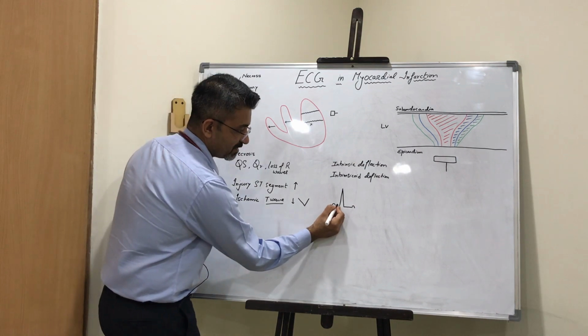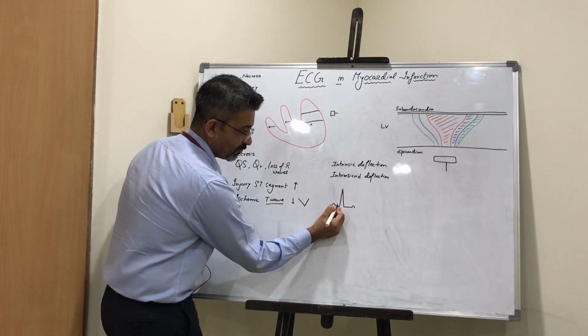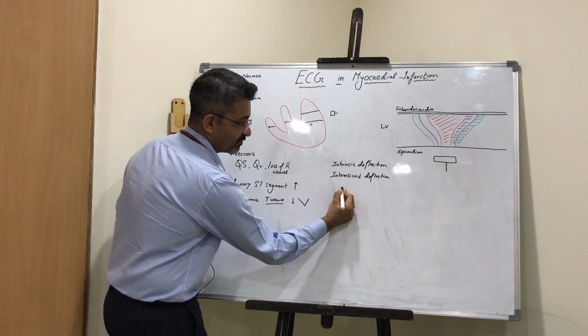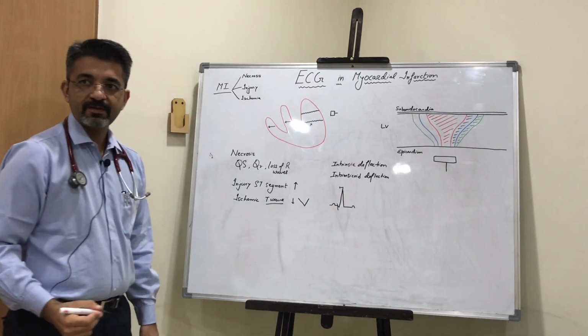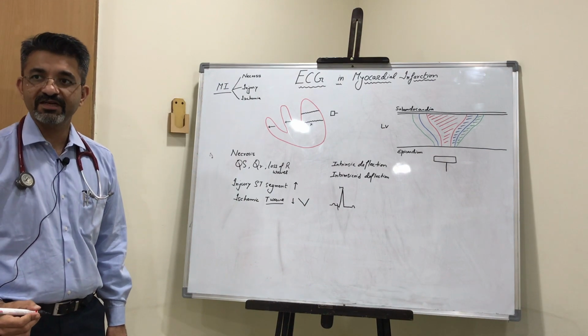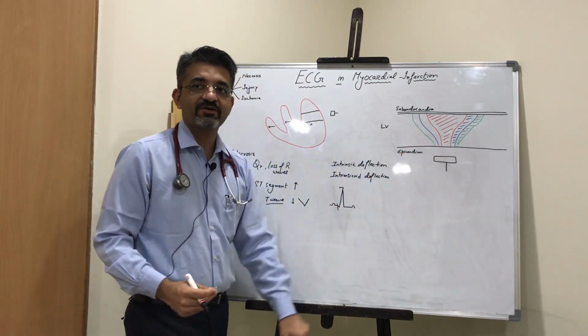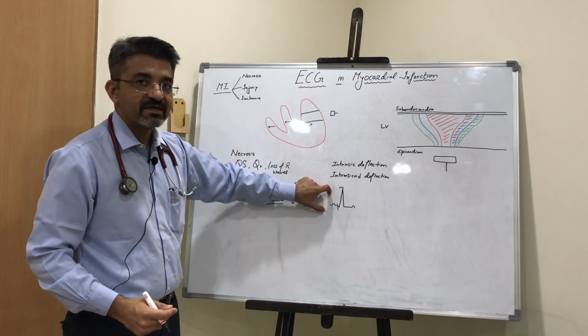If I calculate the time from the onset of QRS to the peak of R wave, this is known as intrinsic deflection. But for this, the electrode has to be placed directly over myocardium. What does it mean?